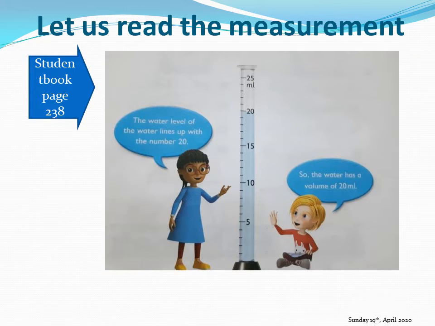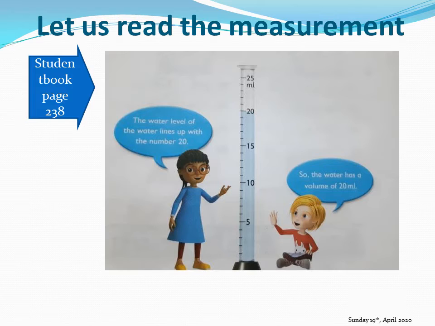Now let's try to read this measurement. It's in your student book, page 238, so you can look at it, okay? Now look at what we have here. We have this container and there are numbers on it, and up there it's written ml. When you see ml, it means milliliters. Now the water level is up to 20.